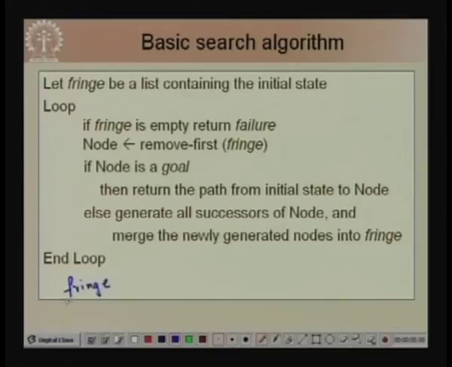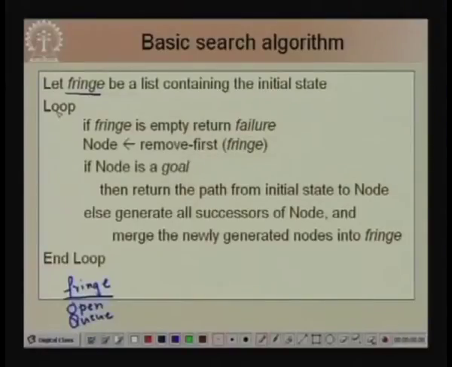Fringe is referred to by many people as open or queue or frontier. So, fringe will contain those nodes that our algorithm can expand at a particular time. Initially, fringe will contain only the initial state of the state space. Fringe is a list which contains the initial state in the beginning.